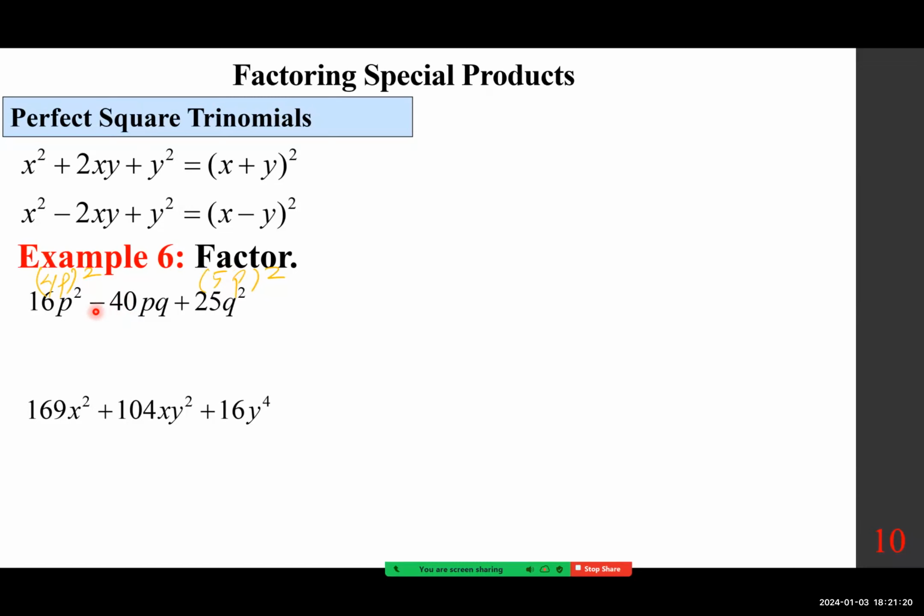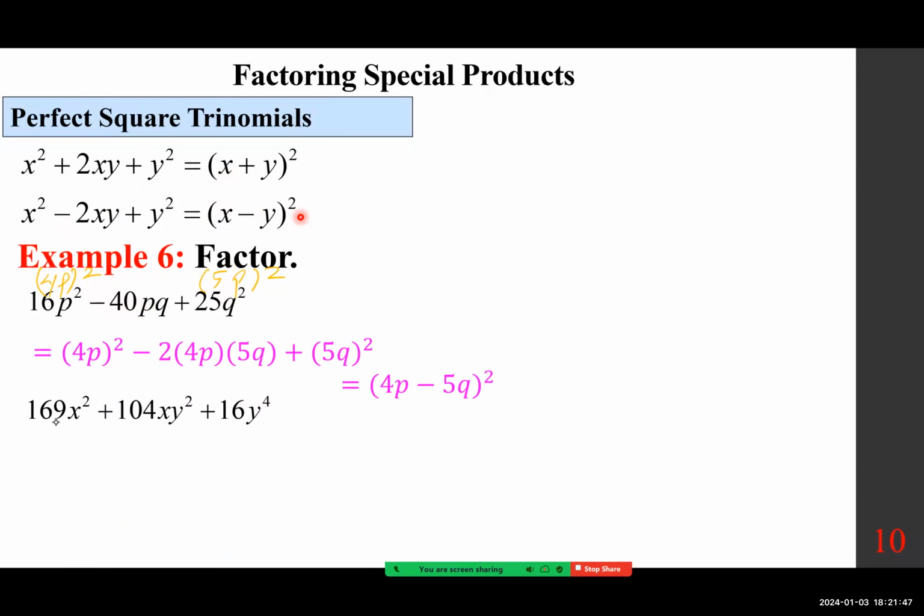So negative or positive makes no difference. If it's negative, we have this one. If it's positive, we have this one. So take a look. We do have that. You want to check that the middle term works, and this 2 is the key. It works. So we have this format, 4p minus 5q quantity squared.